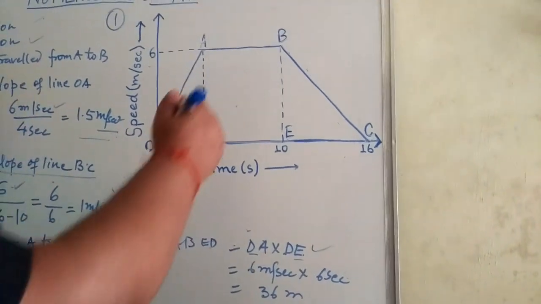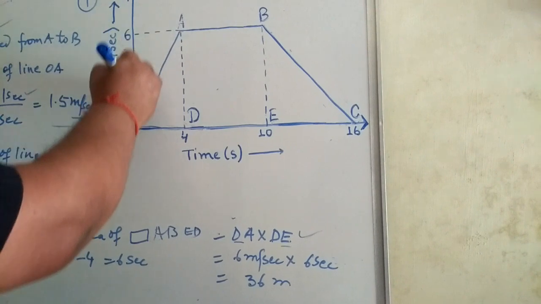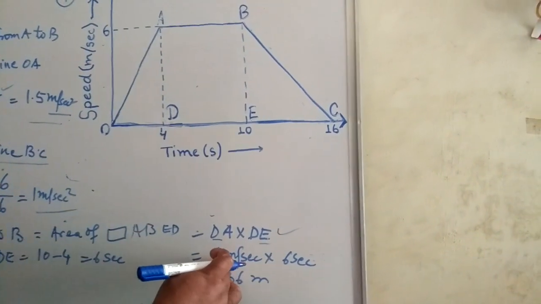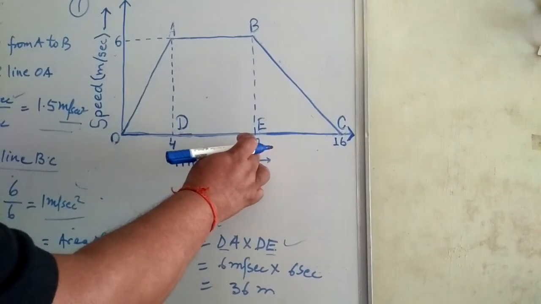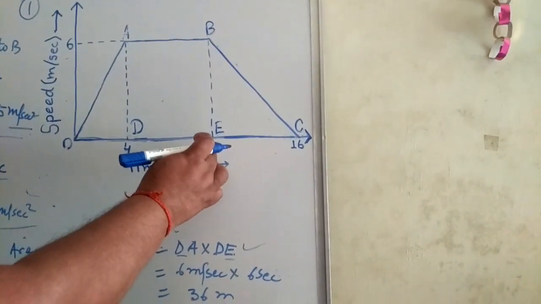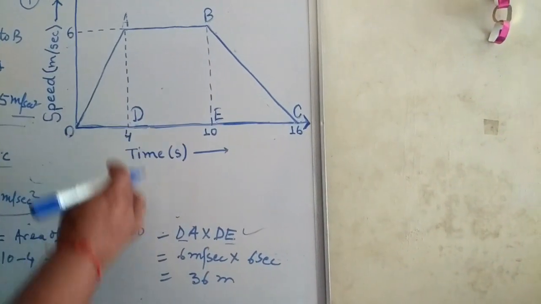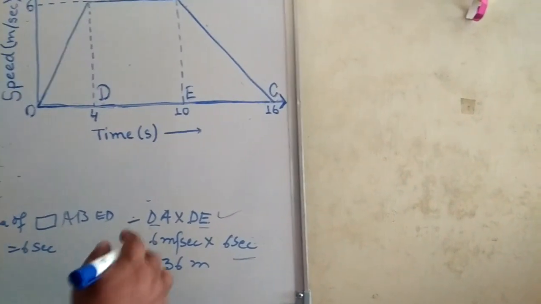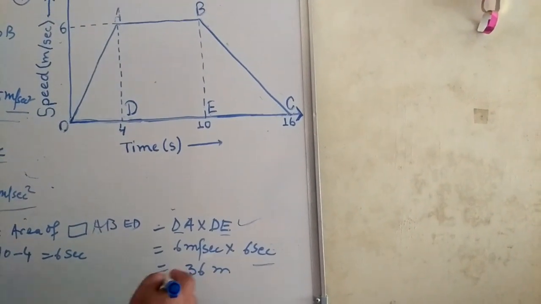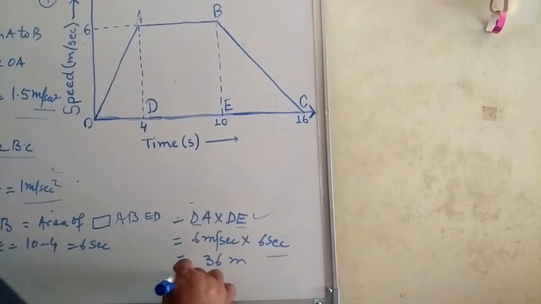From the figure you see that DA is 6 meter per second, and for DE, here is 10, here is 4. So from 10 we subtract 4, we get 6 seconds, and this is time. So when we multiply, we get 36 meter.